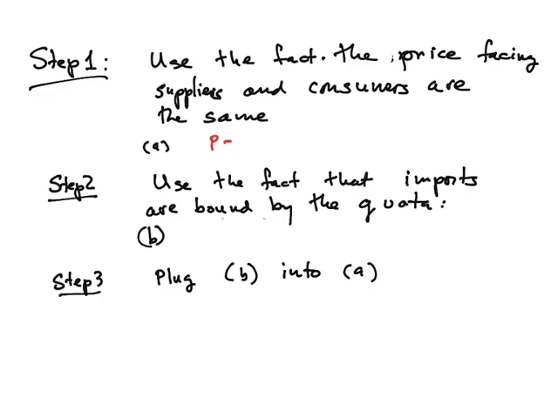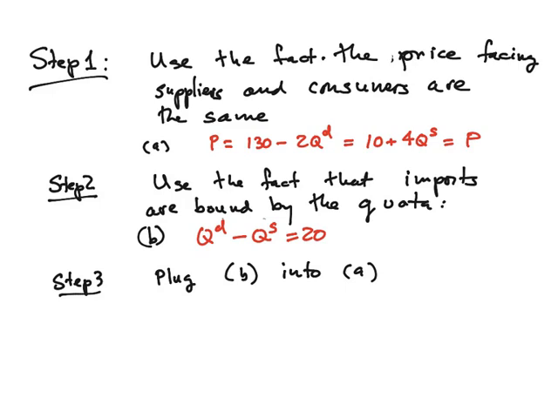So what we have is the price faced by consumers is going to be equal to the price faced by producers. Okay, just set these two equations equal to each other. The other thing that we know is that the domestic demand minus the domestic supply has got to be equal to 20 units because we have the quota.